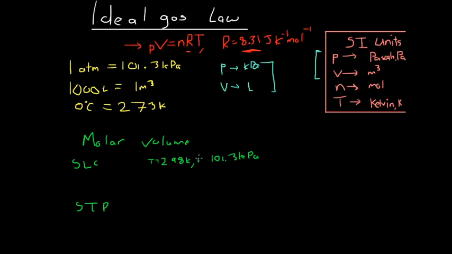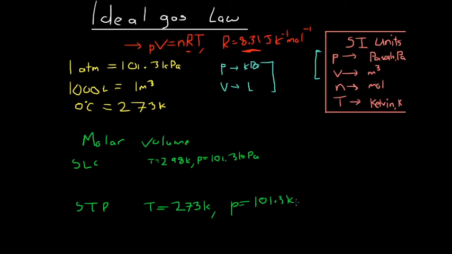So that's pressure. Okay, now standard temperature and pressure refers to a temperature of 273 kelvins. Okay, and again, the same pressure of 101.3 kilopascals. Now we can figure out these two things from the ideal gas equation.